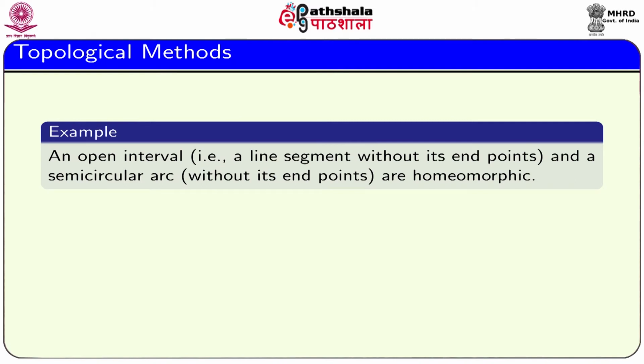Let us take an example. Suppose we are given an open interval, that is a line segment without its endpoints, and a semicircular arc without its endpoints. We claim that these two are homeomorphic. How do we prove it?